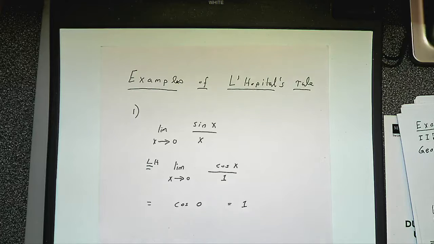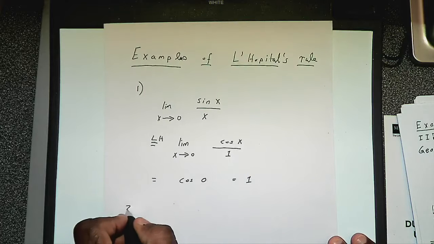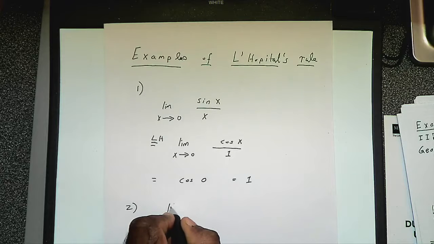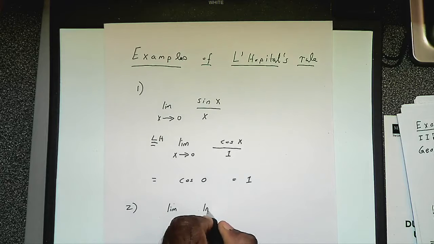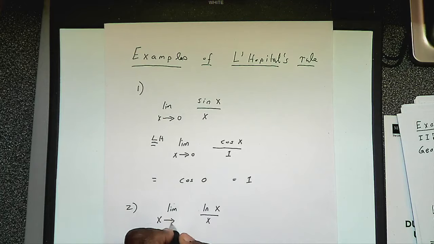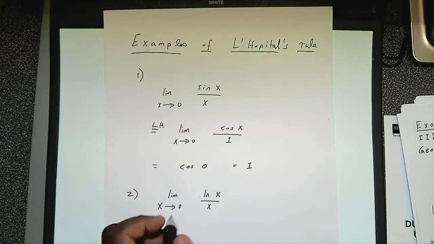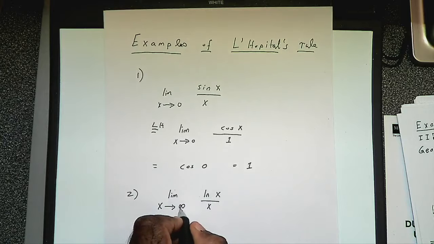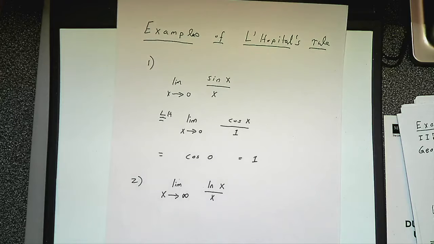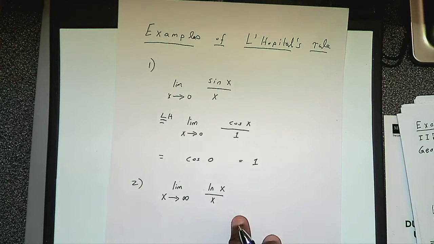Another example is the limit of ln of x divided by x as x approaches 0. Or rather, let's say x approaches infinity, right? Now log of infinity is infinity, and x is also infinity. So you have infinity divided by infinity, right?